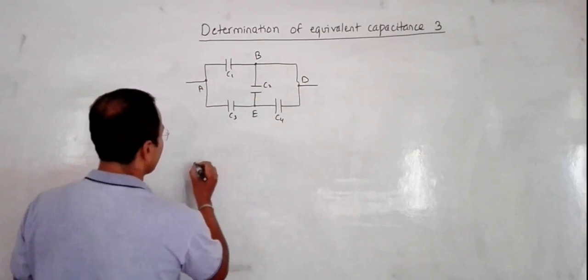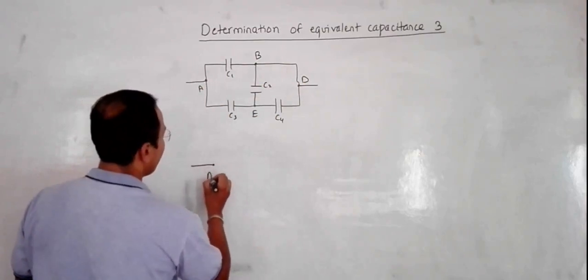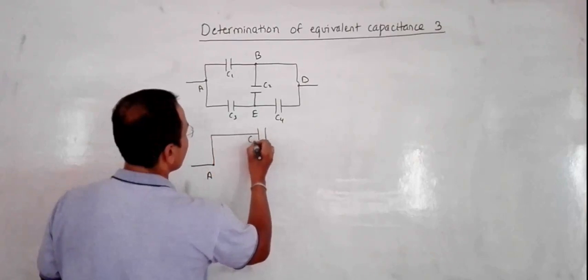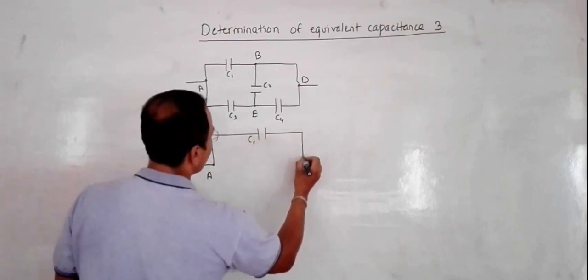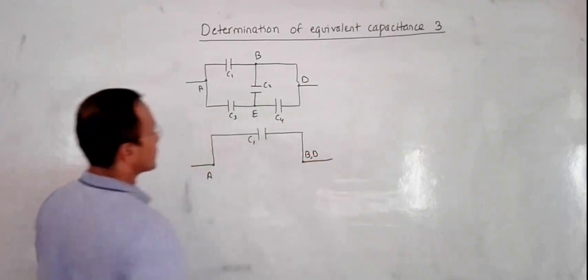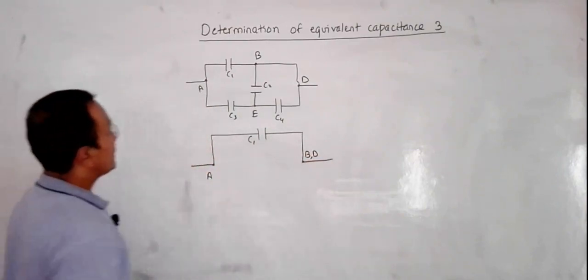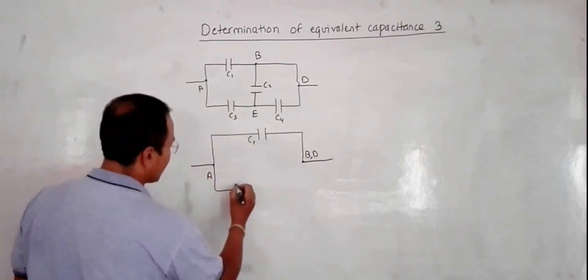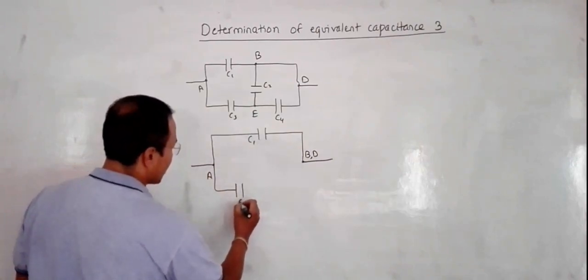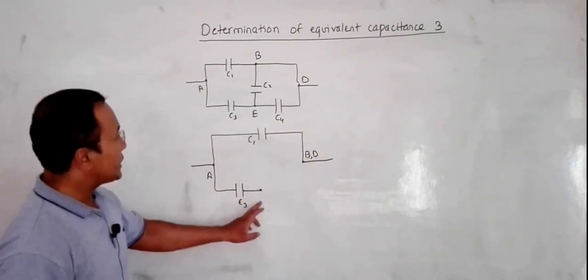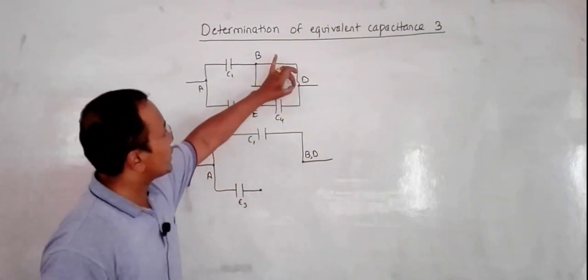So if I draw it, this is point A. From here goes capacitor C1, which goes directly to a point which is common to both B and D. And then from A, another capacitor goes like this, which is C3, and this goes to a certain point E. This point E is the meeting point from this side.